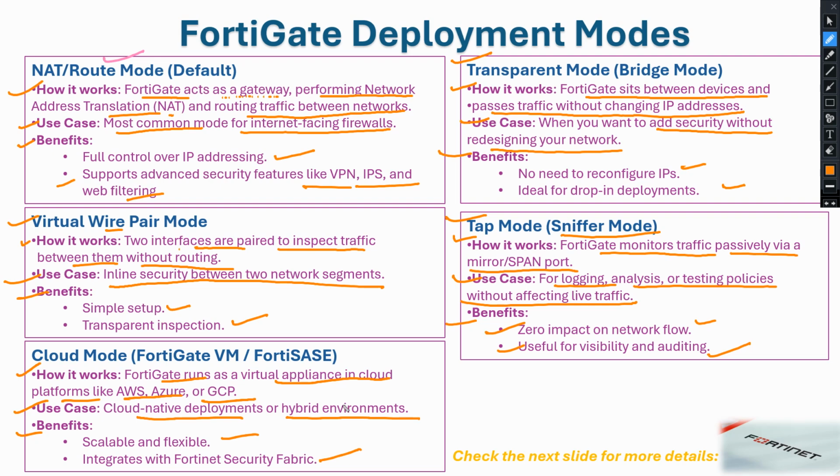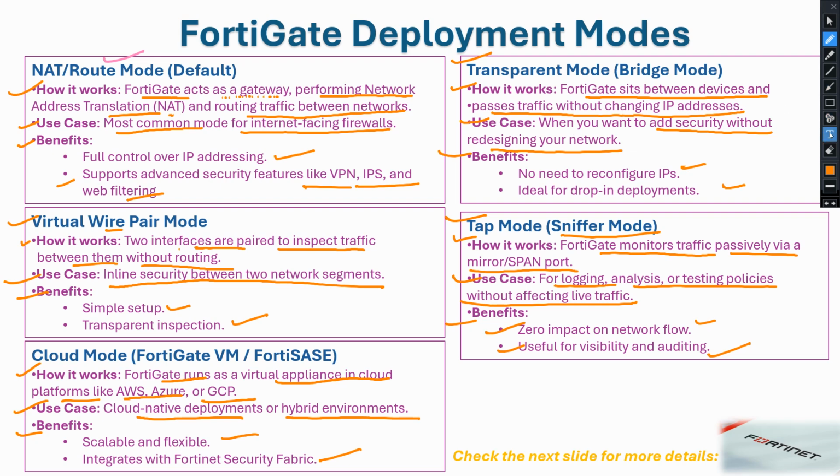I don't know about you, whether you have doubt in these virtual wire and transparent modes. Earlier, I had the doubt because both are inline and we are not changing the IP addresses. Then what would be the difference between both, right?